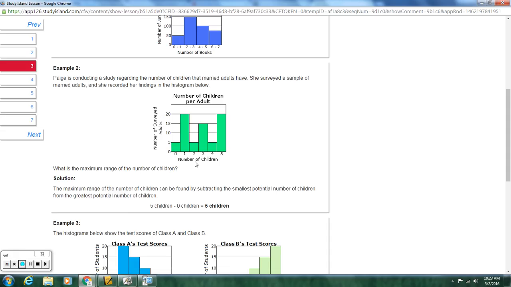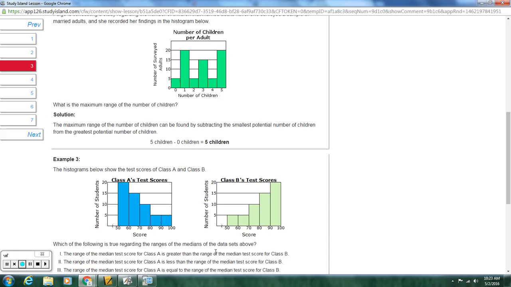It says number of children. What's the maximum range of children? 5 to 0. How many of you would have just put 25? Oh, that's 15 and gone right along. Yeah, you would have.